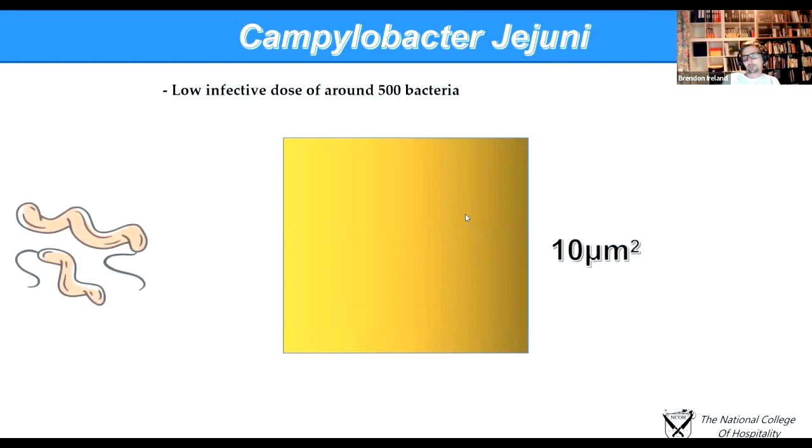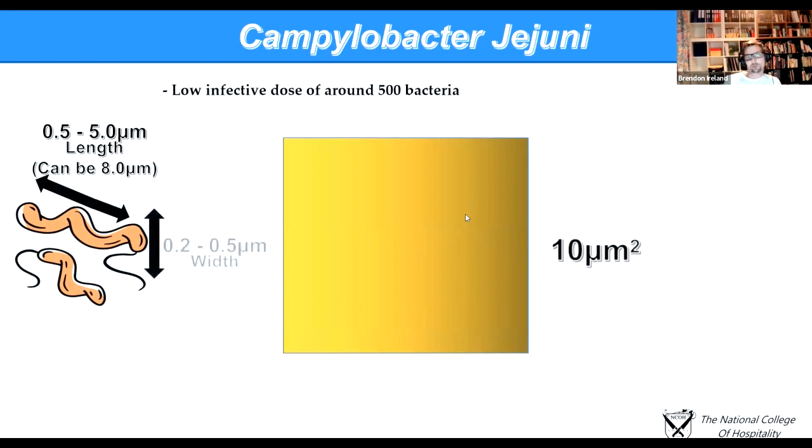With this 10 micron square and Campylobacter, the length is 0.5 to a maximum of 5 microns, but it can be up to 8 microns in length. Its width can be 0.2 to 0.5 microns.